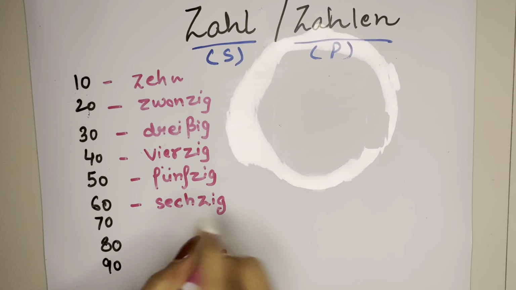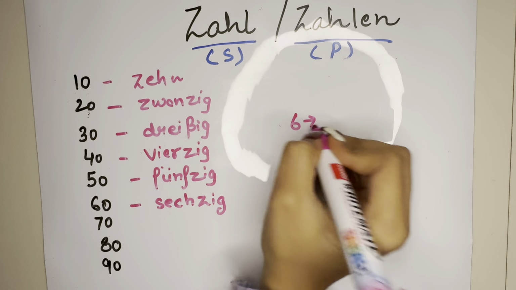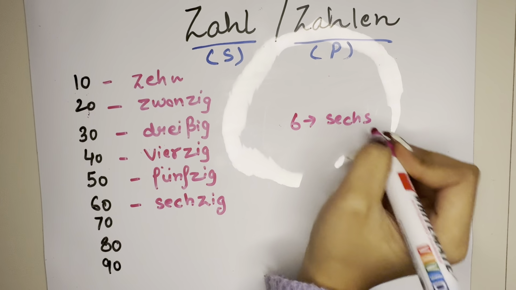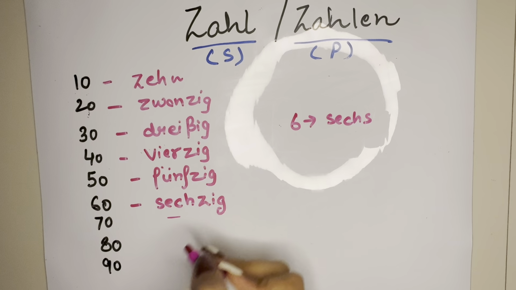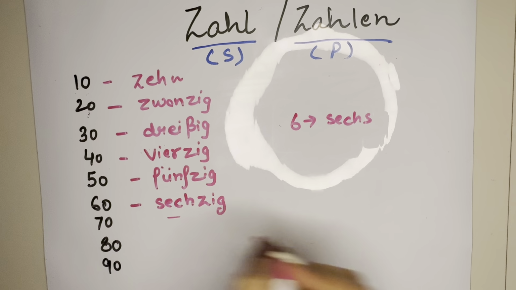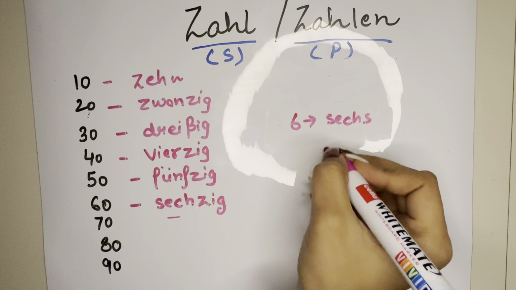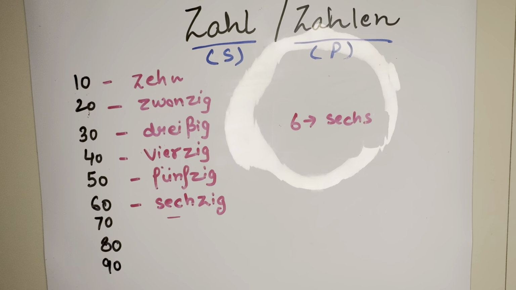Now, as you can see, sechs has an s in it, but we don't include it in 60, and we also don't include it in 16. But when we write 66, then we are going to include it: sechs und sechzig.